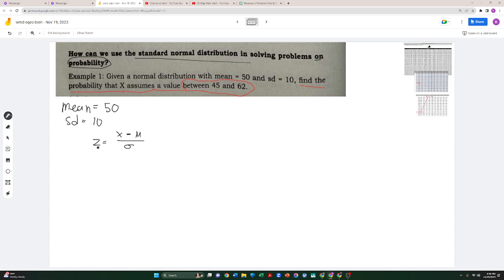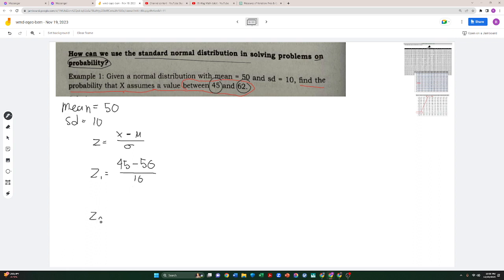So we have two values of x. For z1, x is 45, minus the mean, which is 50, divided by the standard deviation, which is 10.